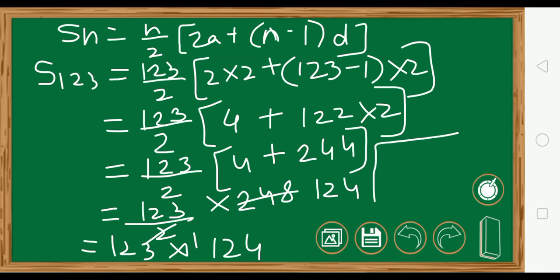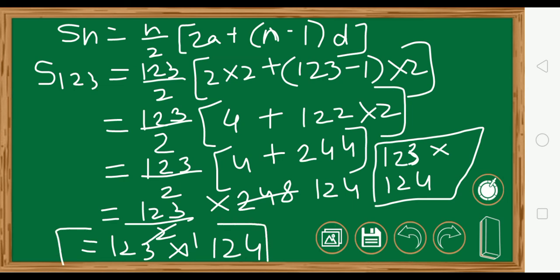Your final answer is going to be multiplication of 123 into 124. Multiply it, whatever you get, that is your final answer. Then write down in words that therefore the sum of first 123 even natural numbers is that. Okay? Clear? This is your answer. 123 into 124. Solve this.